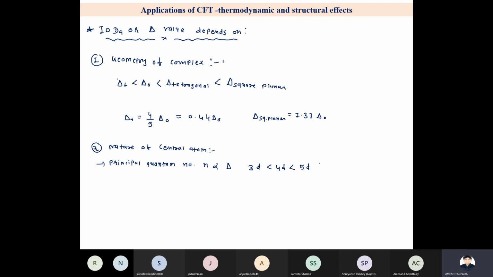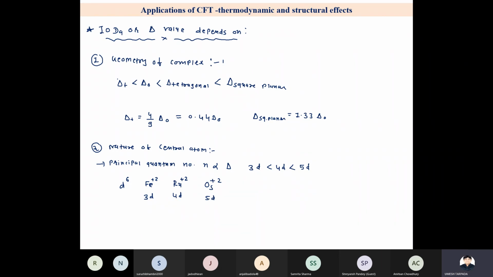If you take an example of Fe plus 2, that is d6, it's a d6 configuration. You can have an example of ruthenium plus 2, and you can have osmium plus 2. So see, Fe is from 3d, this is from 4d, and this is from 5d series.